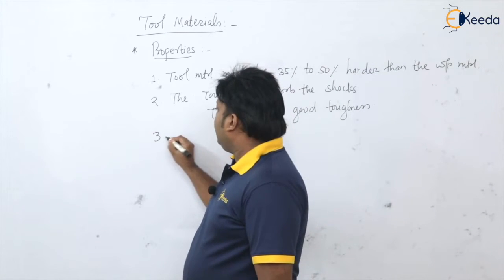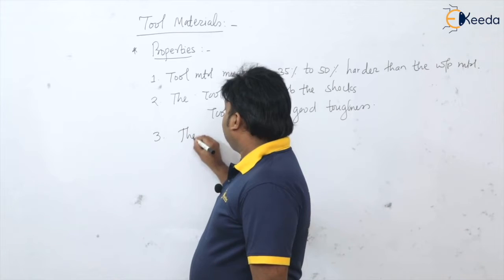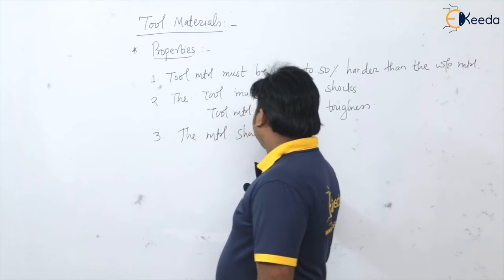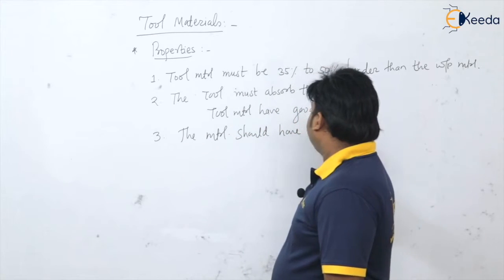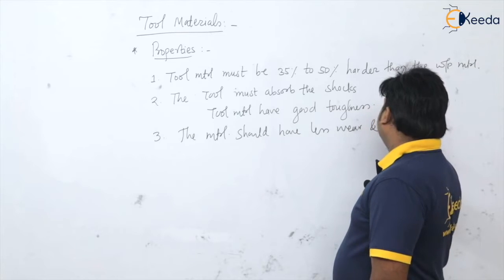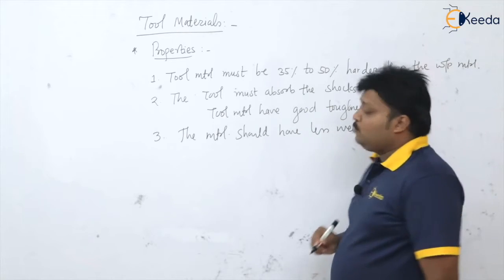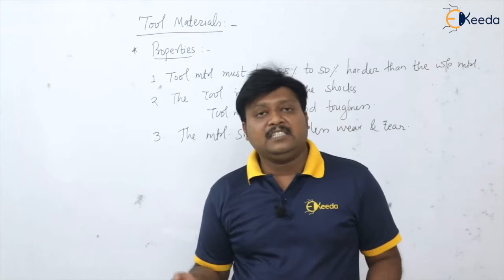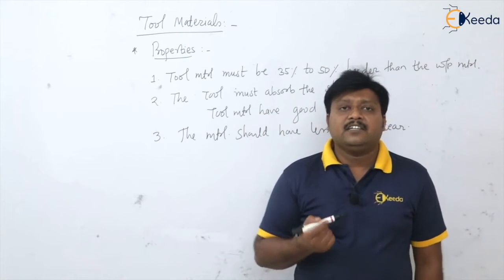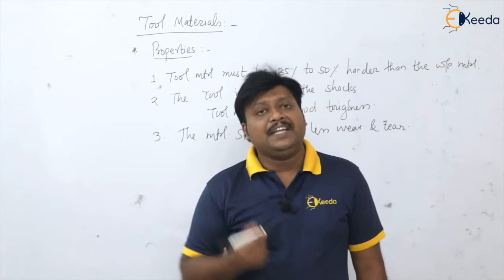Third, we can have the tool material should have less wear and tear. Yes, the tool material should wear very less. There should be very less wear and tear, so that we can get a good tool life.